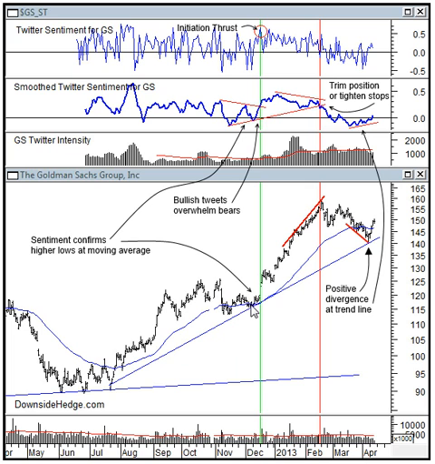During that time, it put in a slightly higher low, and at the same time, smooth sentiment put in a higher low as well, confirming that people were accumulating the stock near the 50-day moving average. This was our first clue that it might be a good time to buy the dip in Goldman Sachs.